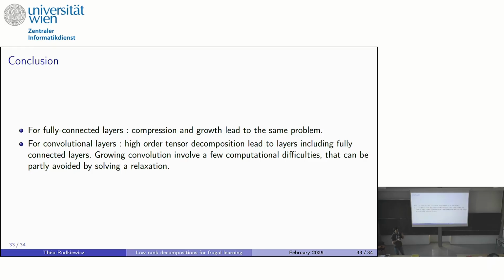Depending on the decomposition, we could have different restructurings of our network. And for growing, we only manage to solve a relaxation of our problem. So future work would be to better characterize how good this relaxation is, and also maybe find an exact way, which is not directly impossible.